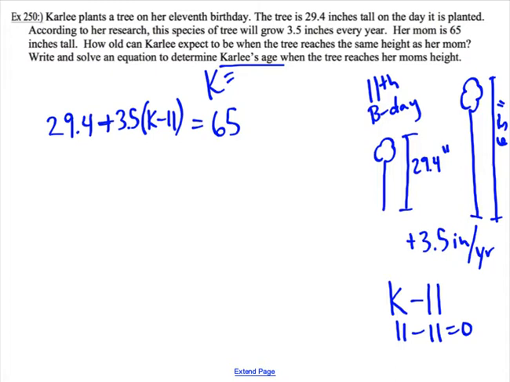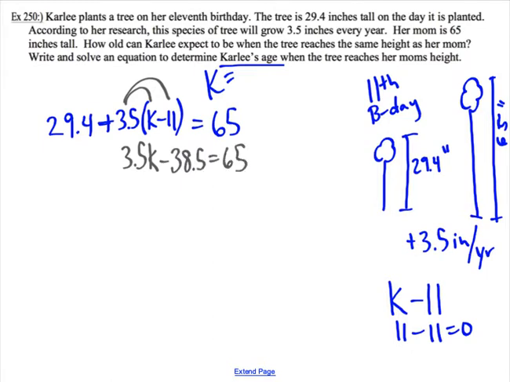We need to simplify both sides. 3.5 times K is 3.5K. 3.5 times 11, well, that's going to take me some thinking. I think 38.5, but let me check on my calculator. 3.5 times negative 11, I get negative 38.5.